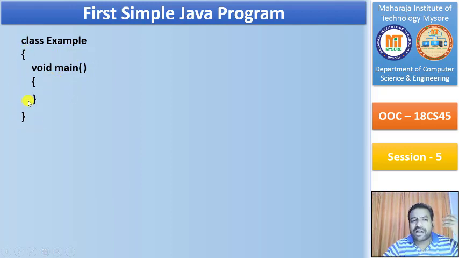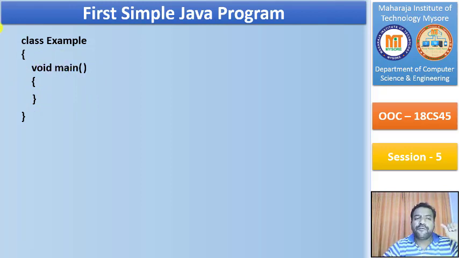As soon as I have done this, the main function becomes a member function of the class Example. And if I observe carefully here, this is going to be a private member function. Yes, a private member function.